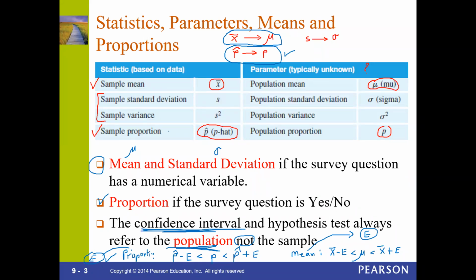So again, we try to define the population proportion or the population mean, not the sample proportion, not the sample mean. Let's put population. That's what I'm trying to understand, not the sample. We're going to use the sample to understand the population.